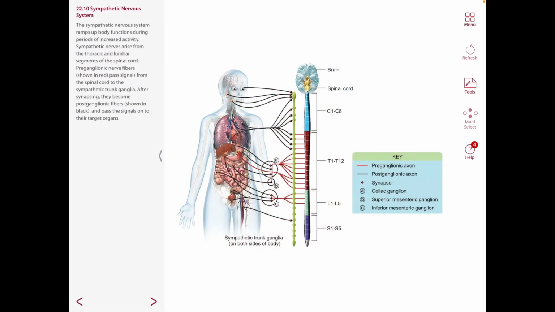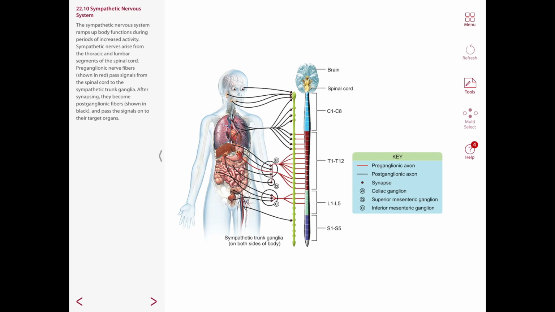Another structure we find in the mediastinum is the thoracic sympathetic trunk. This usually consists of 11 or 12 ganglia connected to each other in a continuous chain. Therefore, we call it the sympathetic chain or sympathetic trunks. There is one trunk on each side of the thoracic vertebral column.